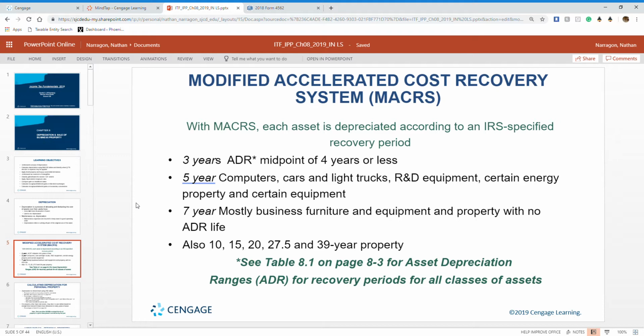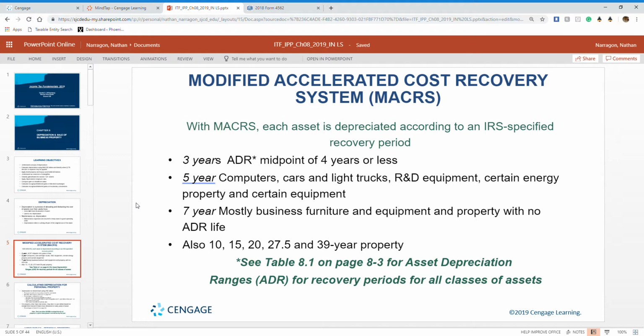MACRS is really only specified for the IRS, and they tell us what they think the life is. We'll get into this with examples. This is actually pretty easy for us, and you're going to see why. The hardest part is knowing which category the asset will fall into.